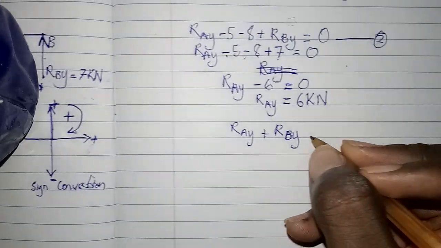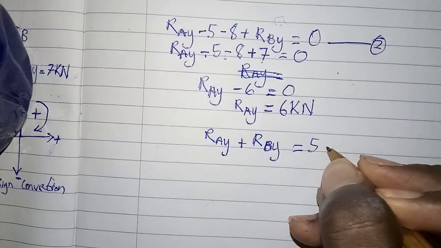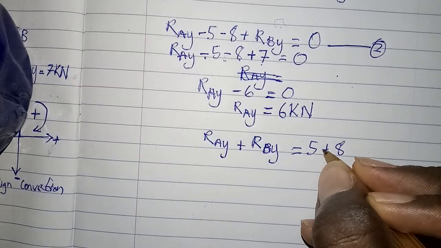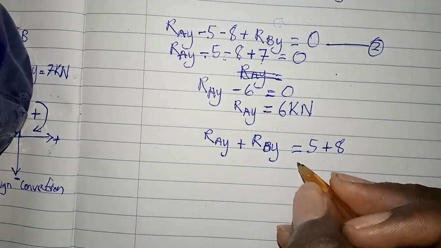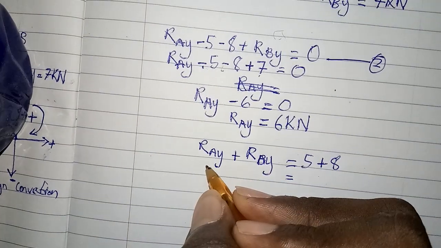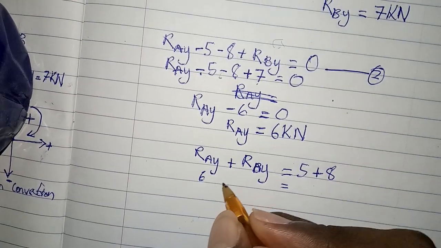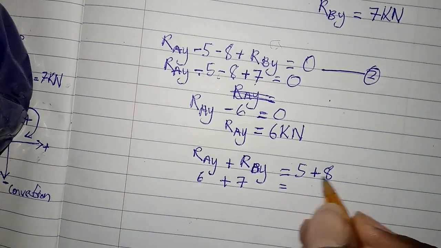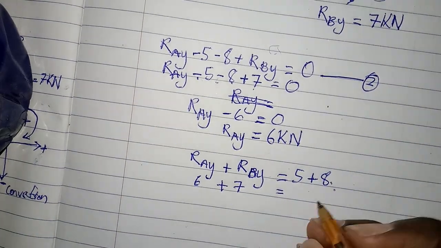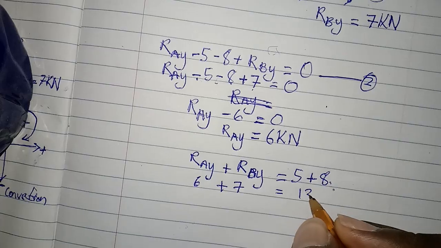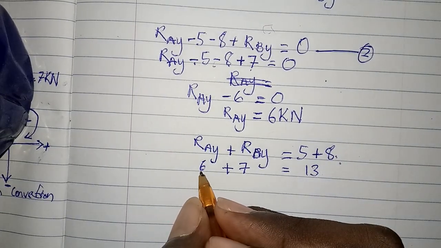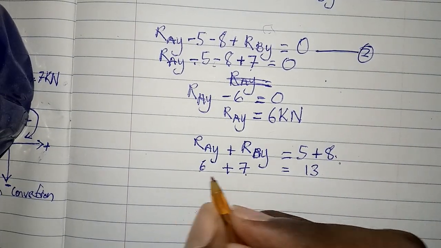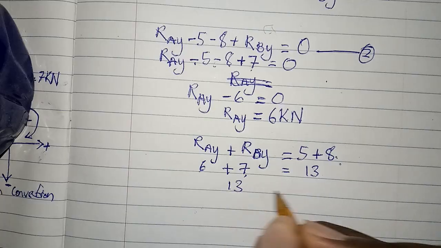So reaction AY plus reaction BY should be equal to 5 plus 8. 5 plus 8 is 13, and 6 plus 7 is 13.